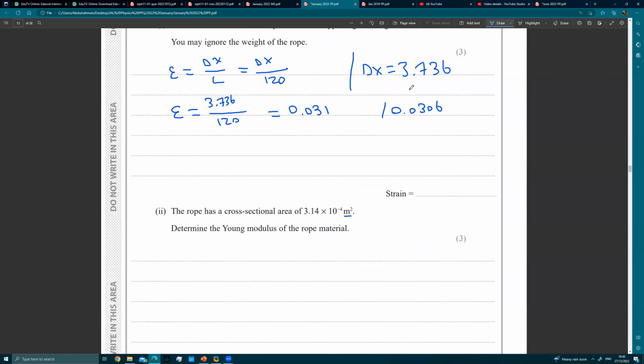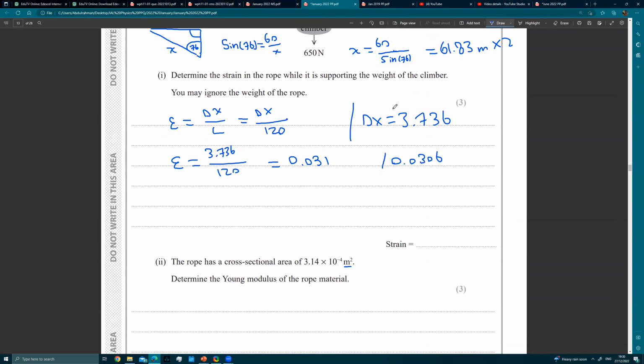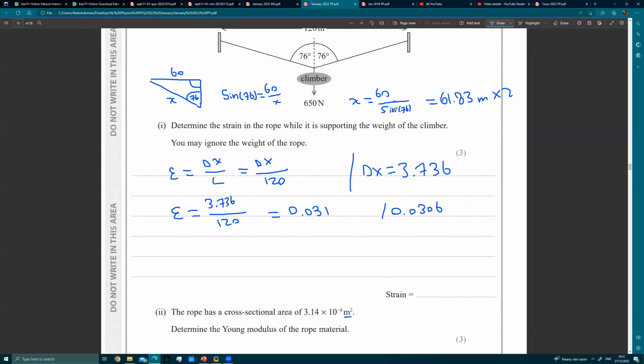No problem. So determine the Young's modulus of the rope material. Saleh, that's for you when you're ready. Sir, did you say me?